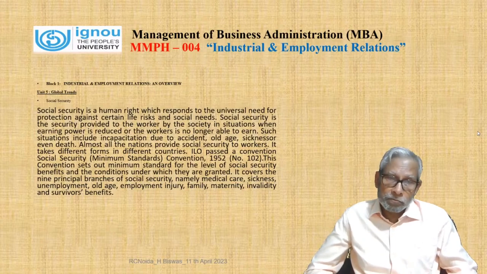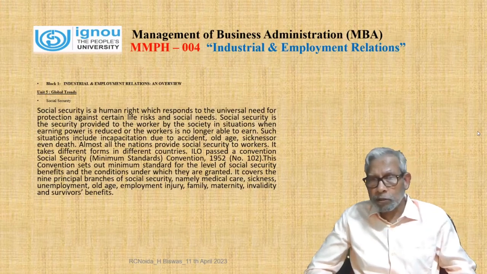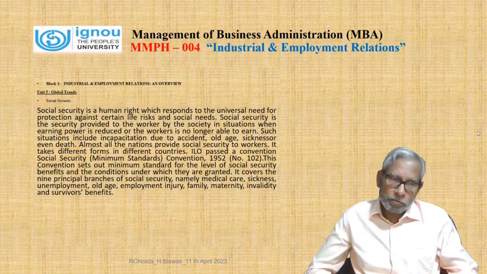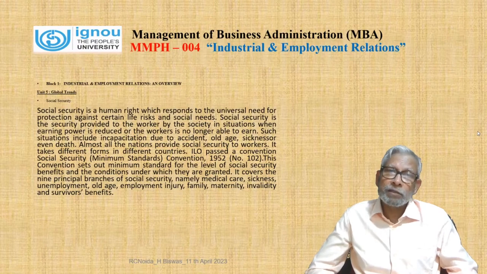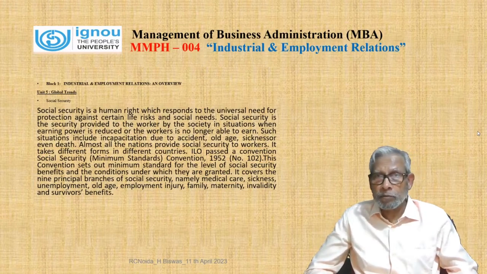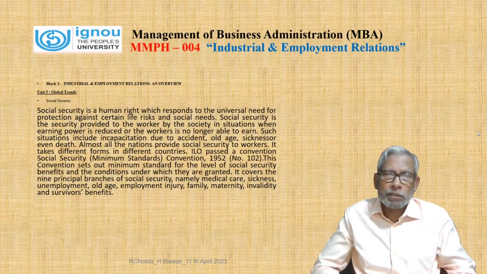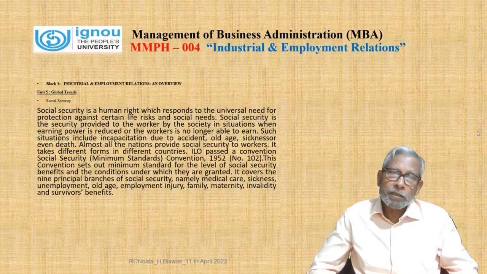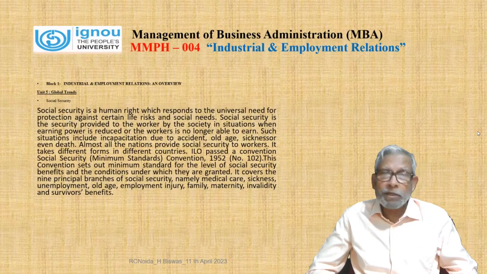Then unemployment: if there is no job, some sort of stipend or amount has to be given so that they can survive. Old age: some pension schemes or some fund has to be generated for them. Employment injury: suppose due to an accident there are injuries to a leg or hand, minor or major, depending on this some compensation package has to be provided. And family protection, family security also.